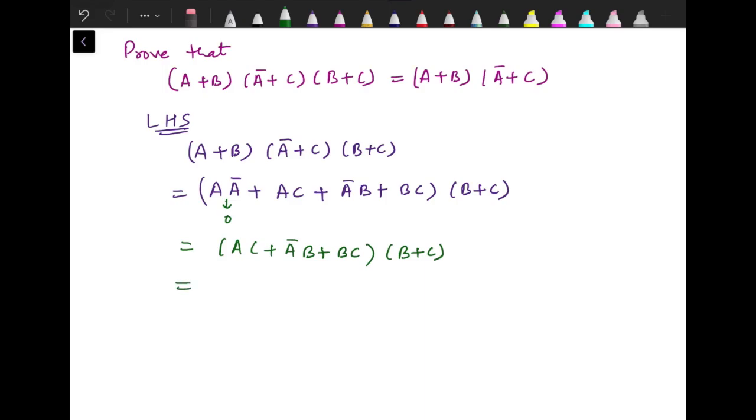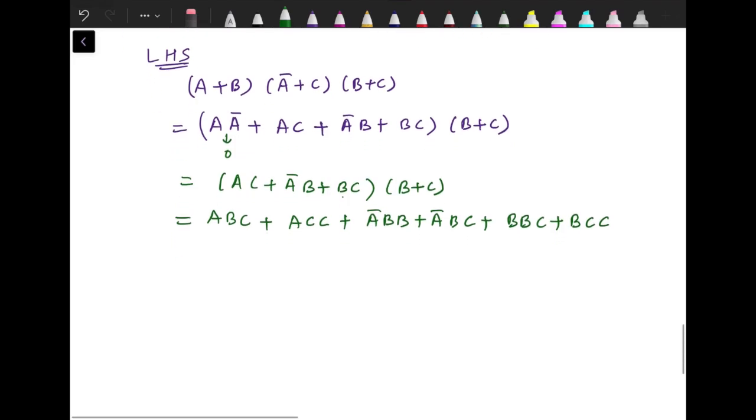Now expand this. Firstly we have abc, then acc, a complement bb, then a complement bc, then lastly bbc plus bcc. Now the first term will remain as it is.